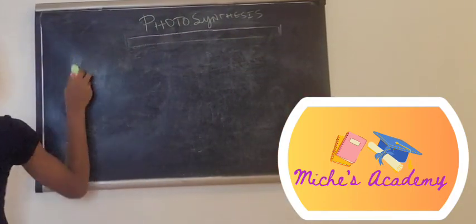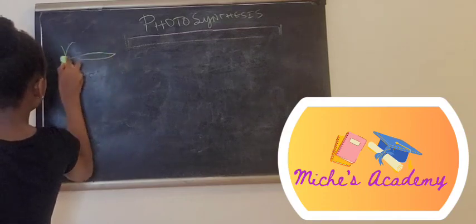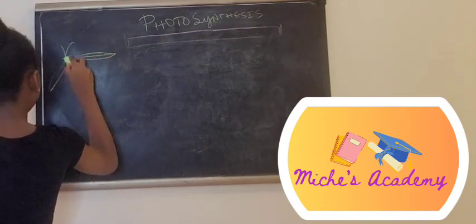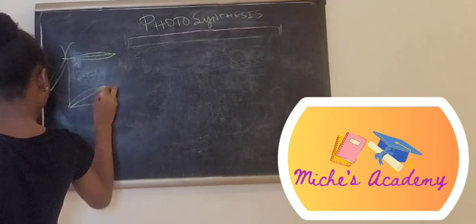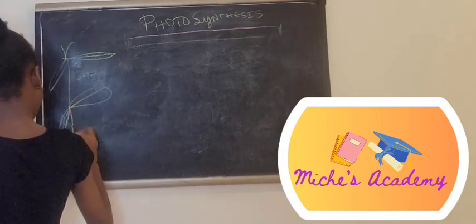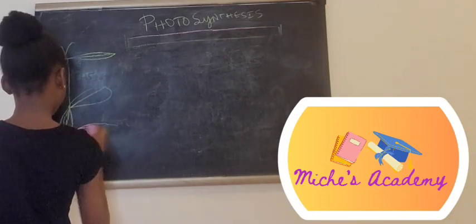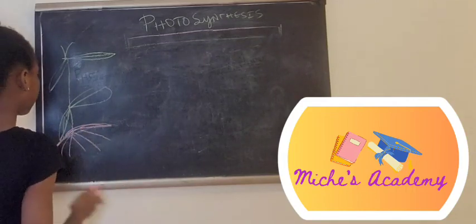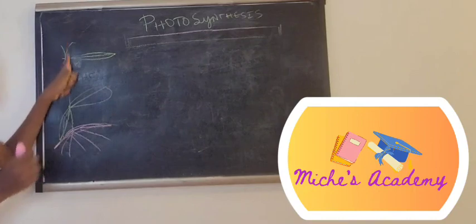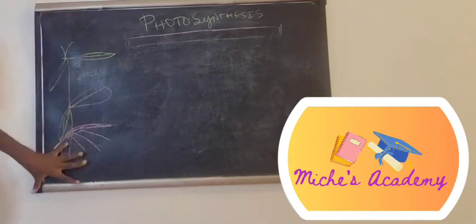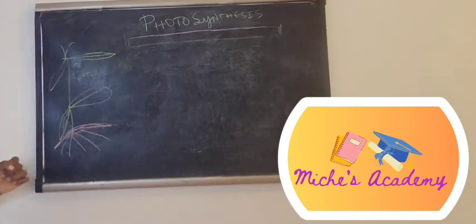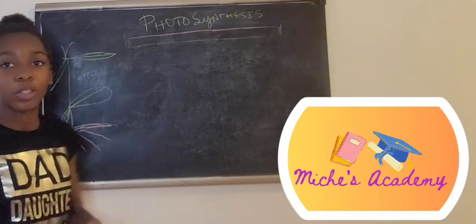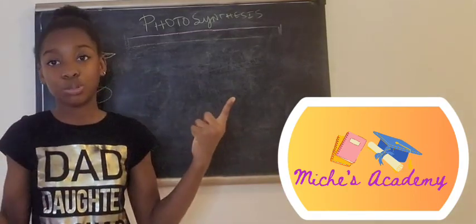Now, this is a plant, and I'm going to differentiate it into two parts, the root system and the shoot system.